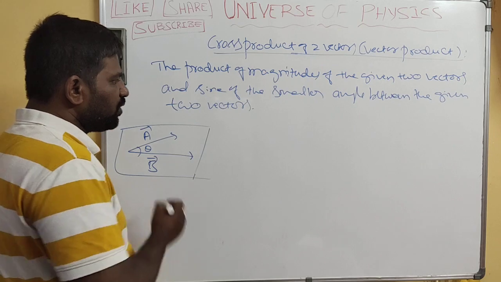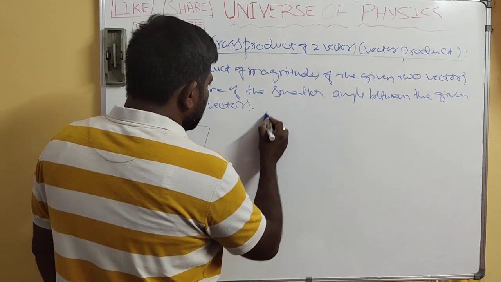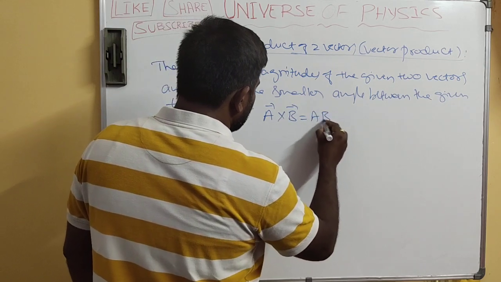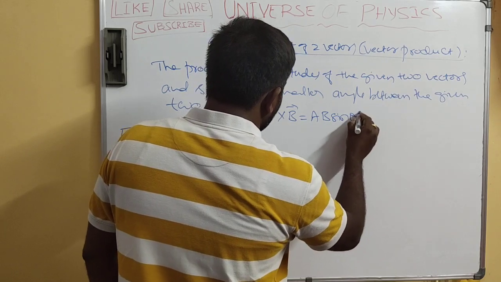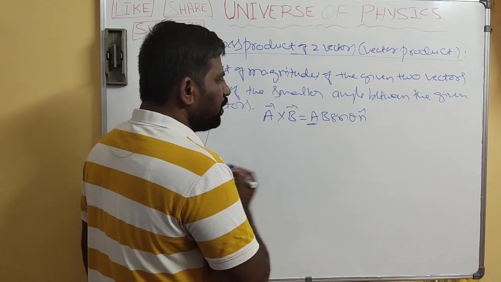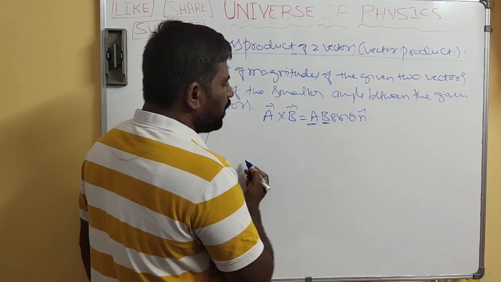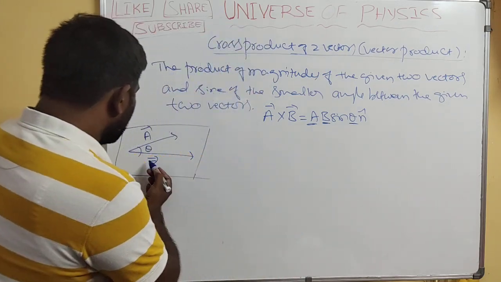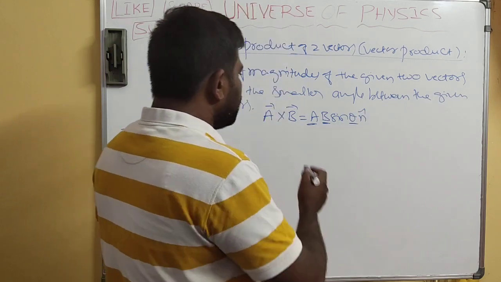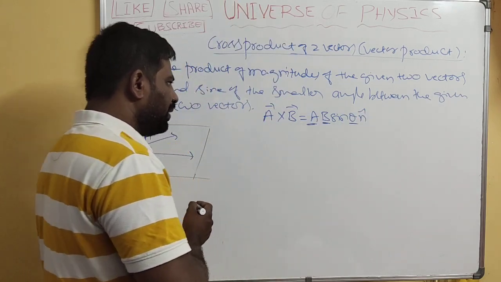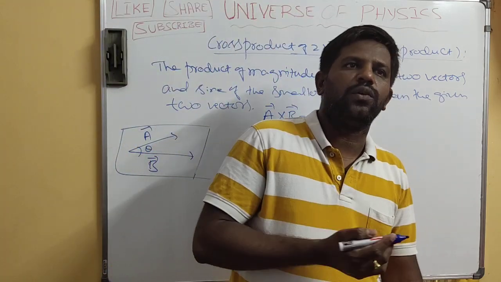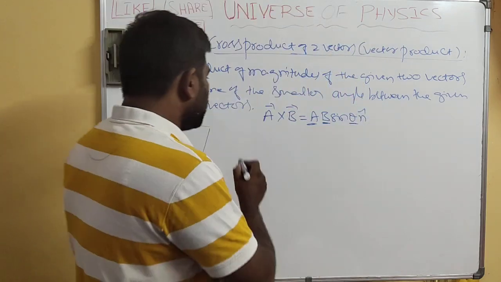So the cross product of these two vectors you can write as vector A cross vector B is equal to AB sin theta n cap, where A is the magnitude of vector A and B is the magnitude of vector B, and theta is the smaller angle between vector A and vector B, and n cap is the unit vector in the direction of the new vector. It means the cross product of any two vectors is always a vector quantity.